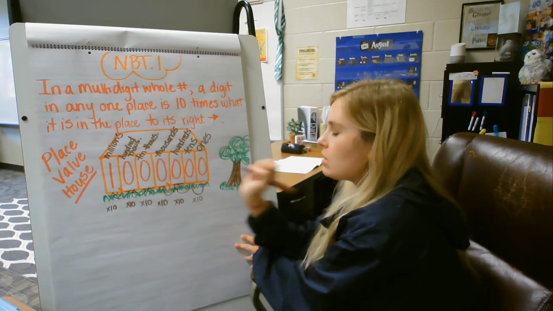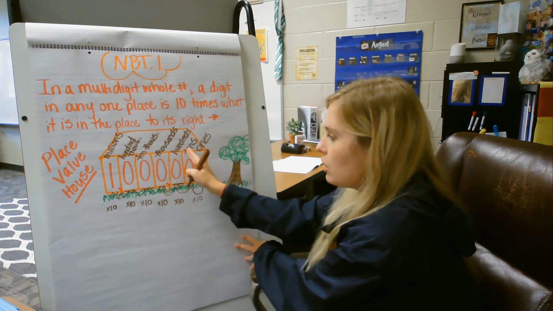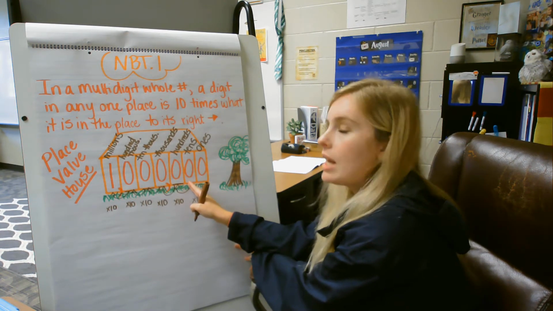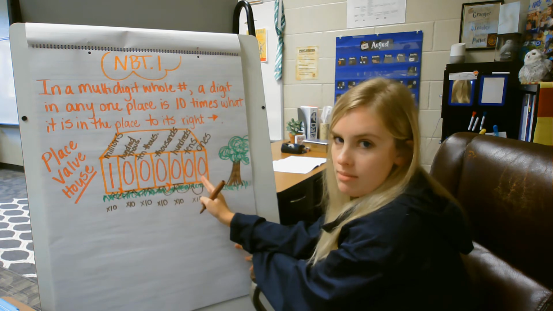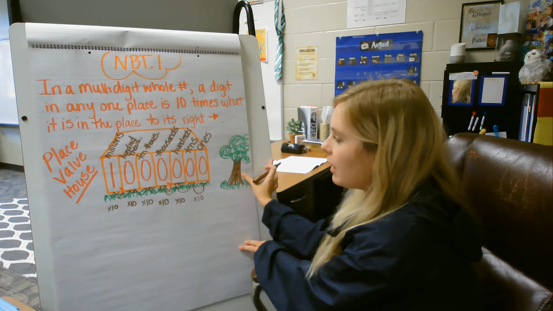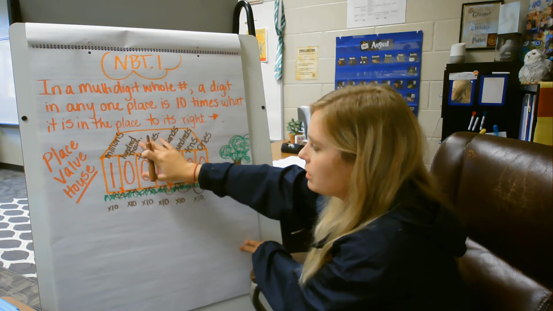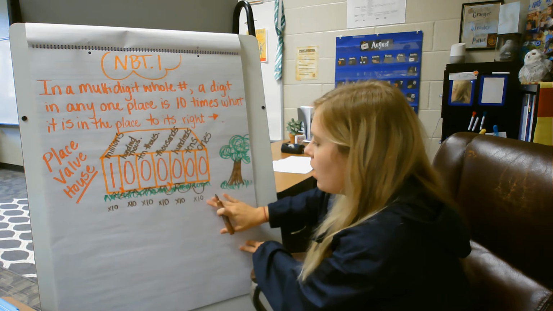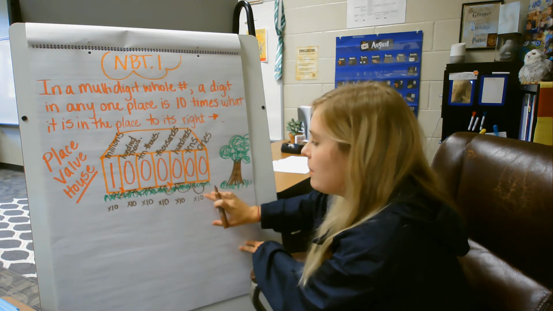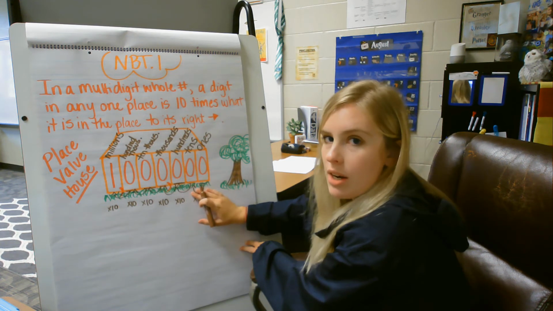Each time that you're jumping from one place value to the next, your new place value is 10 times greater than the place value before. All right? So here's my place value house. I've labeled ones, tens, hundreds, thousands, 10,000s, 100,000s, millions. And I've reminded myself each time that I jump a next place value, I'm 10 times greater.